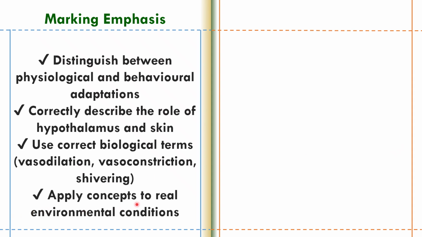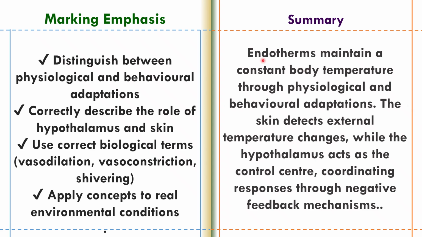Apply concepts to real environmental conditions. Summary. Endotherms maintain a constant body temperature through physiological and behavioral adaptations. The skin detects external temperature changes, while the hypothalamus acts as the control center, coordinating responses through negative feedback mechanisms.